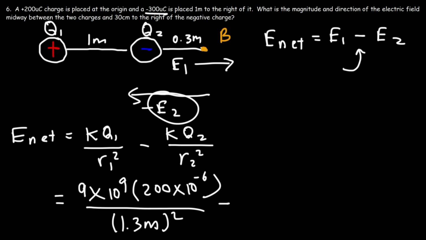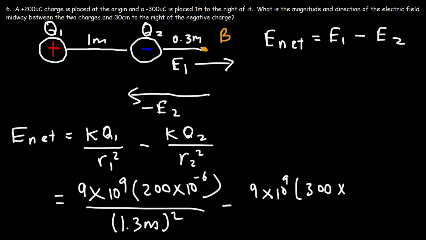We don't need to plug in this negative value for Q2. We've already taken that into account. So it's going to be minus K, and then Q2, we're going to use the positive value of Q2, 300 times 10 to the minus 6. And R2, that's the distance between Q2 and point B, that's 0.3 meters.